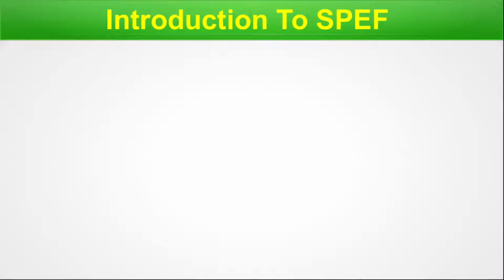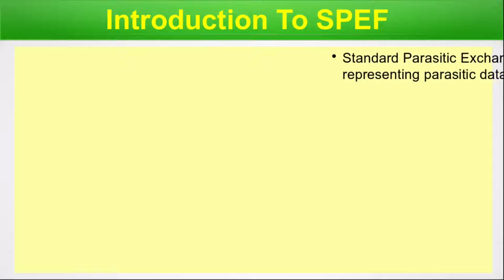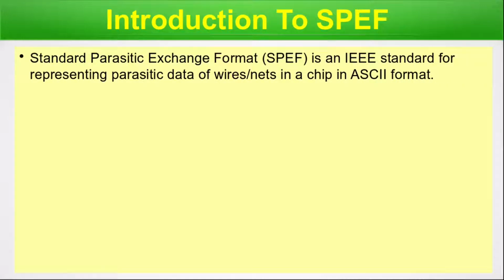Introduction to SPEF. Now, let us have a general introduction to the SPEF file. Standard Parasitic Exchange Format, SPEF, is an IEEE standard for representing parasitic data of wires or nets in a chip in ASCII format. That means it's a human readable format.